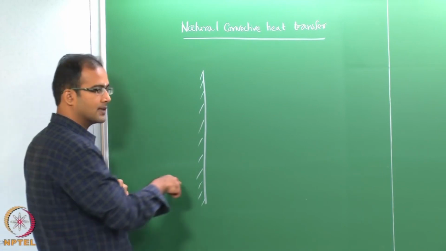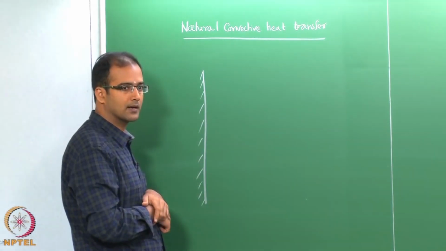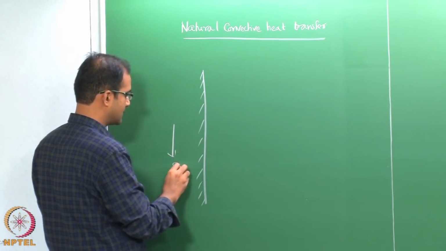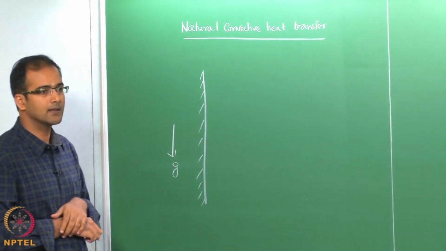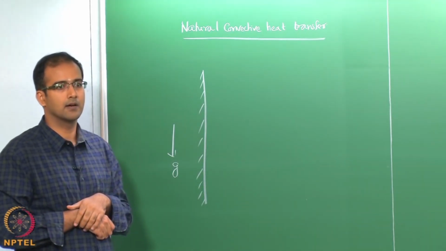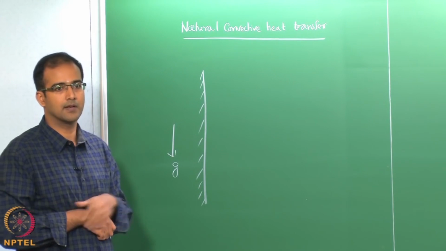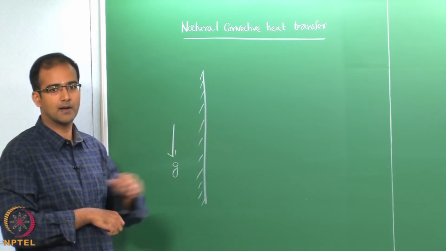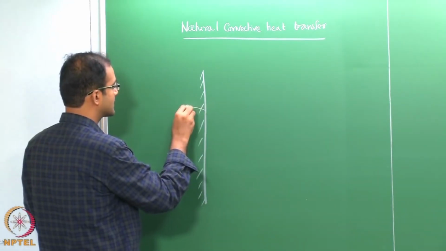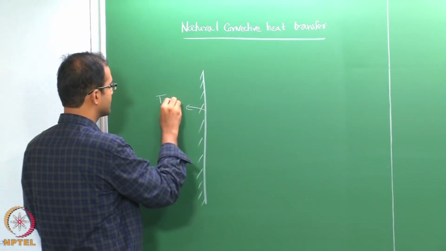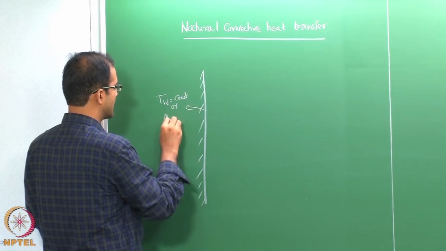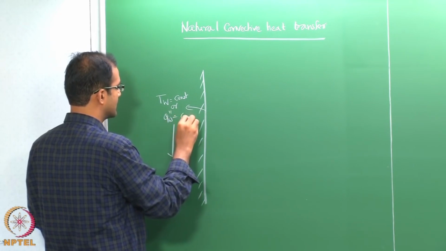So, let us look at a flat plate which is oriented vertically, and we have gravity acting downwards. Initially the ambient air is quiescent, that means there is no forced convection of anything. So, you just place the flat plate in a quiescent atmosphere, and then you heat this plate. You can either maintain a constant wall temperature or constant heat flux boundary condition.